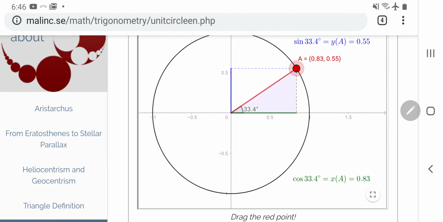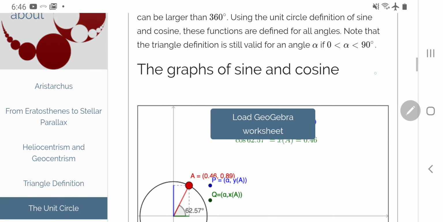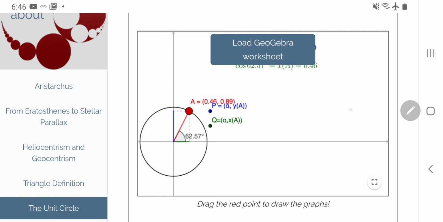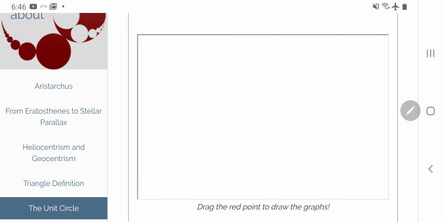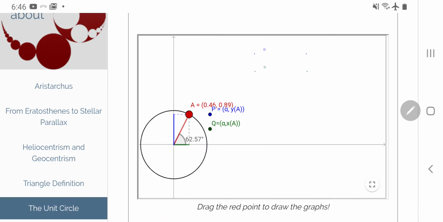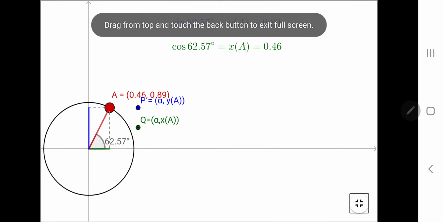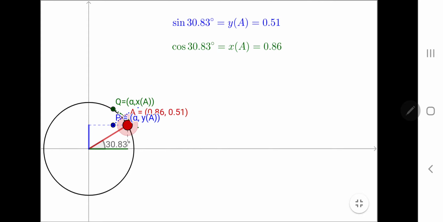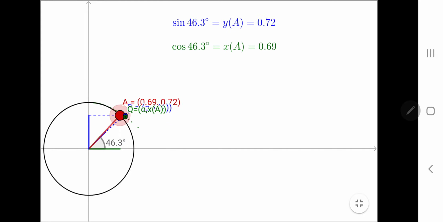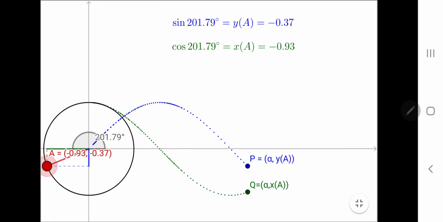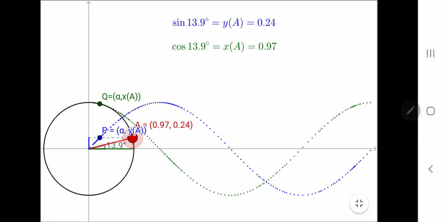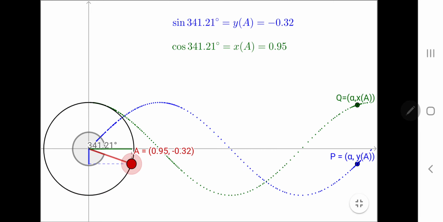If we jump in this other program down here, you can see those get plotted. Back and forth and back and forth. P and Q are the outputs of sine and cosine.